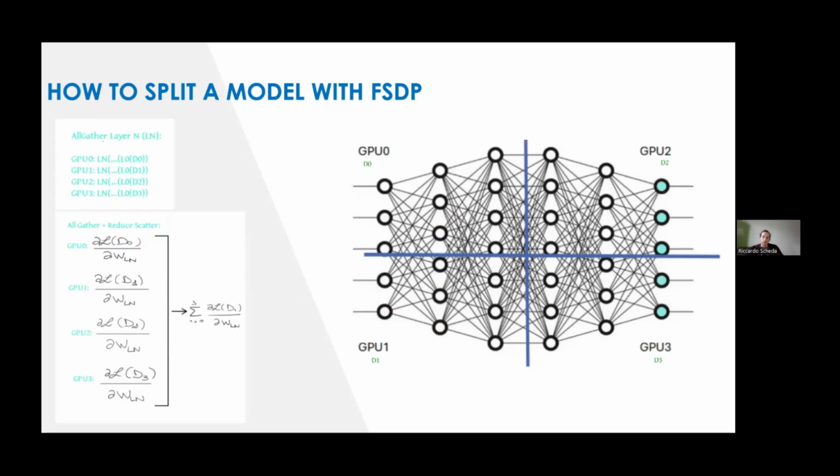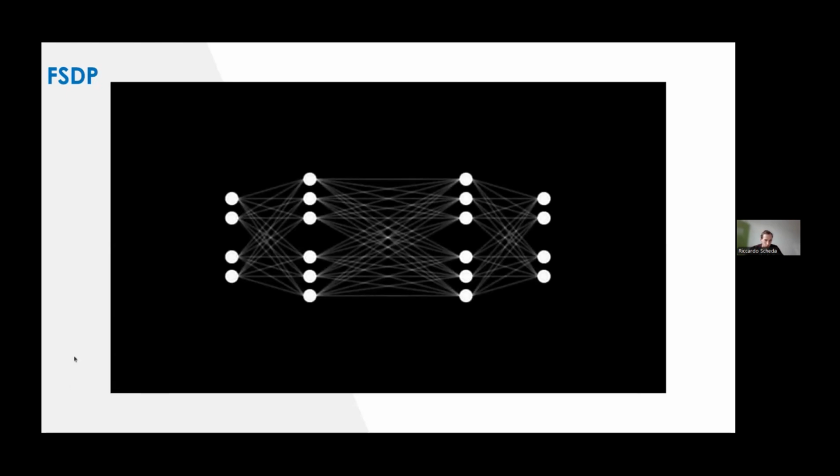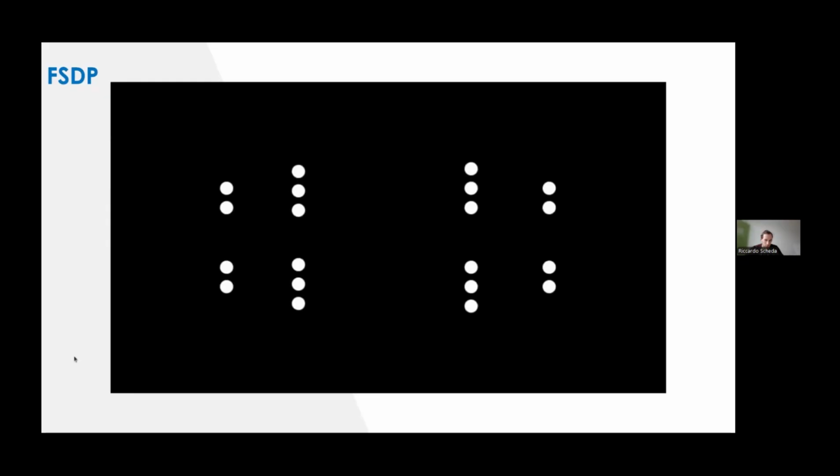We do this for all of the layers of the model, and then we have to make the backward pass, which is done in a similar way. But in this case, we will have two different functions, which are the all gather and the reduce scatter. I know that this might be quite confusing, but I will show you a video that I made, in which I hope you can see it.